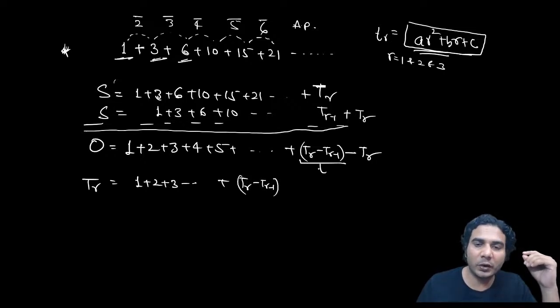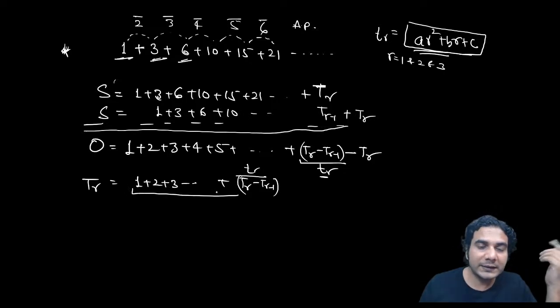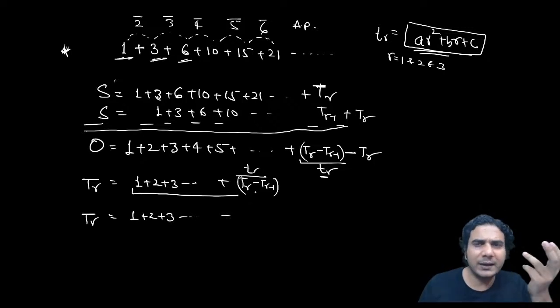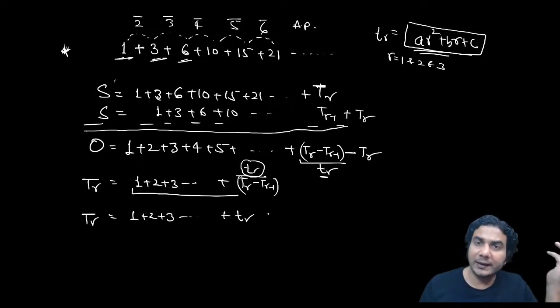Let's take this small tr, because small tr is the rth term of this new series, which is coming at the rth place, and this Tr I have taken to the left hand side. So now, by adding this series 1 plus 2 plus 3 to r terms, whether you write tr or not doesn't matter, you can leave this.